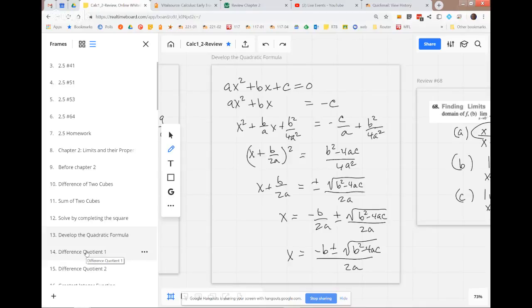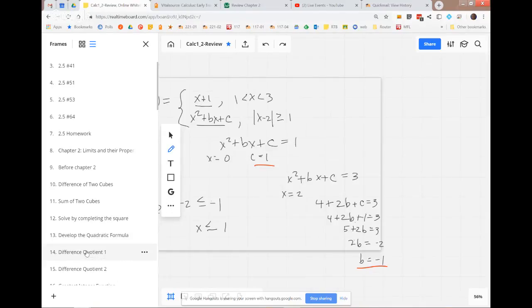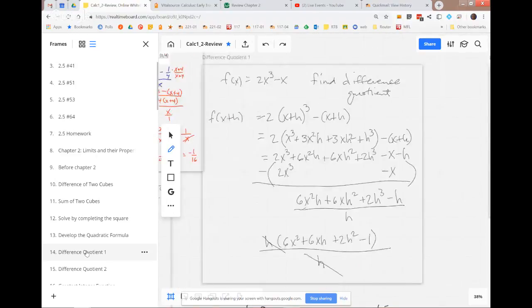Yeah, and then I have some difference quotient examples. So I give you a function and I say find the difference quotient. I don't have it written out here, but what is the difference quotient?